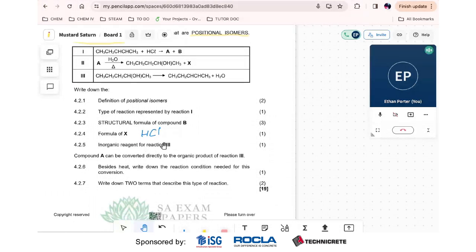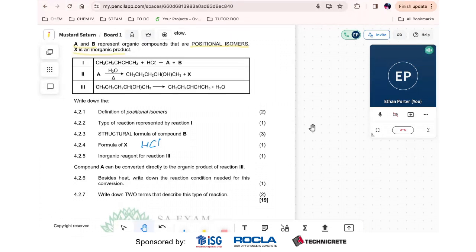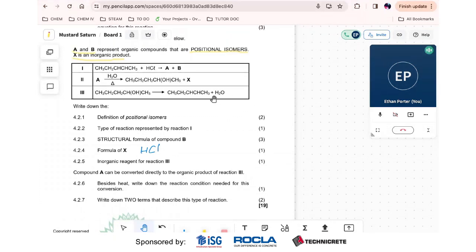Inorganic reagent for reaction 3. So now we take our alcohol. It seems it's a secondary alcohol, I think. And we're going to basically regenerate our alkene plus water. So the question is saying the inorganic reagent for reaction 3. What reagent can regenerate our alkene and the water?